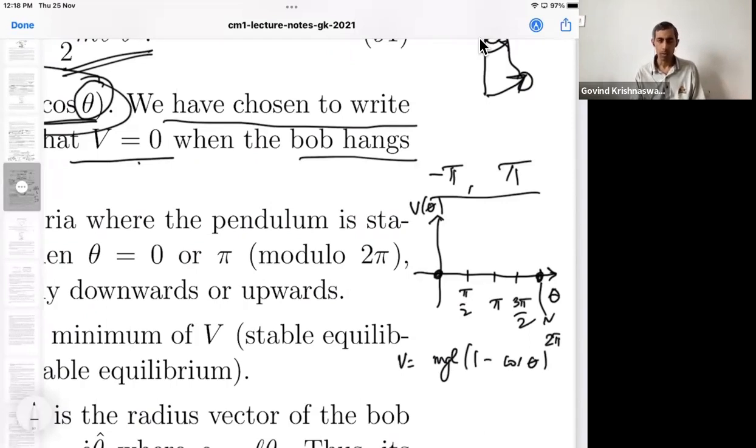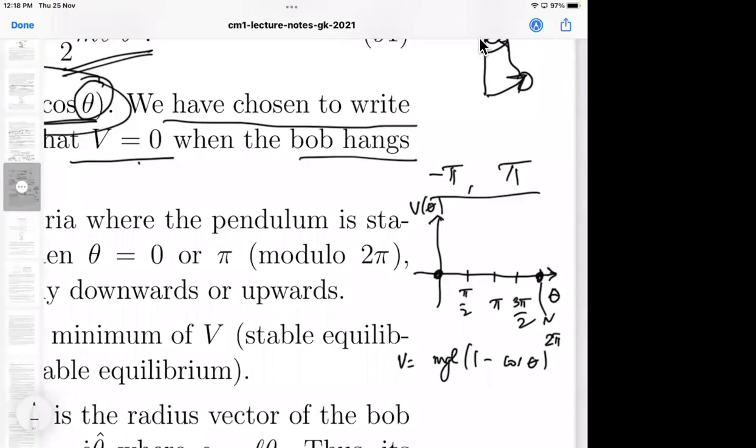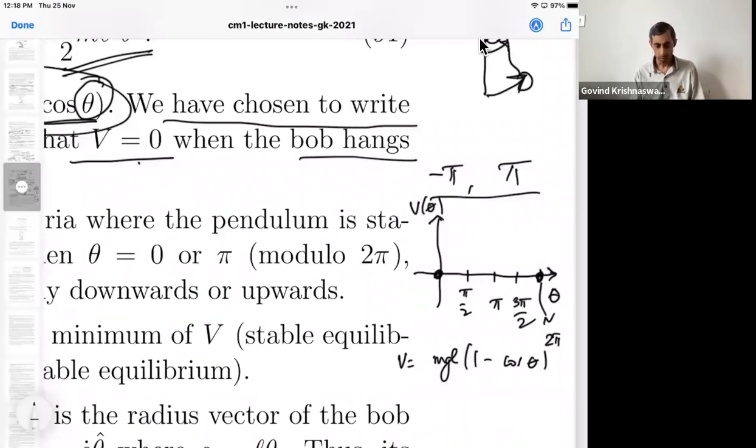Now, please propose for me the shape of this V. Does it go up, down from 0? Sir, it goes up. Okay, fine. You have to tell me in what manner it goes up. What's the tangent like at the origin?